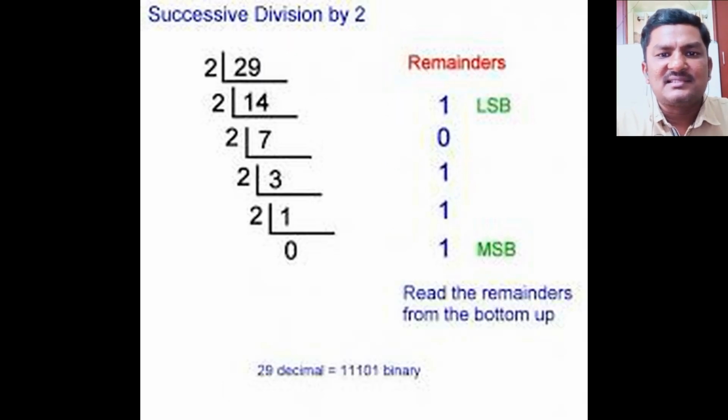Second example, decimal number 29. Successive division by 2: divide 29 by 2, 2 fourteens are 28, remainder is 1. 2 sevens are 14, remainder is 0. 2 threes are 6, remainder is 1. 2 ones are 2, remainder is 1. 2 zeros are 0, remainder is 1.